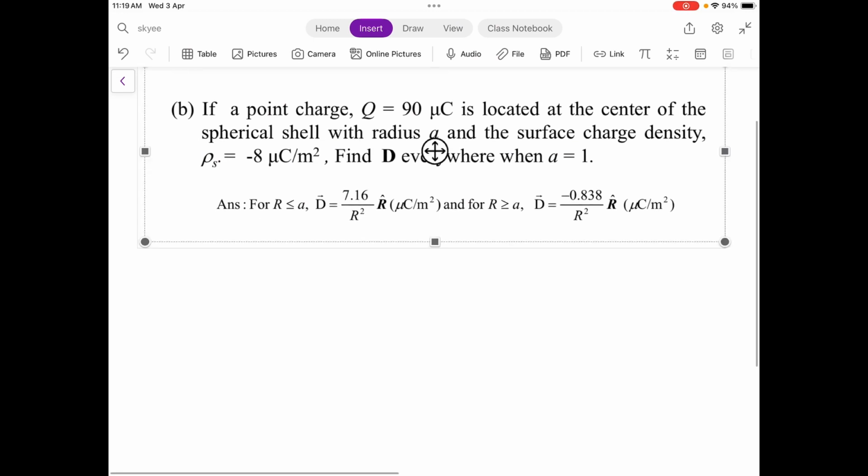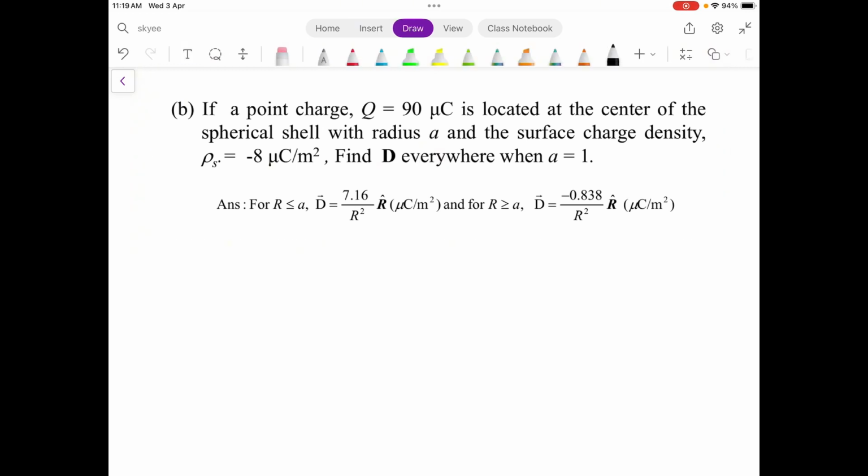If a point charge with a value of 90 microcoulombs is located at the center of a spherical shell with radius A, and the surface charge density is negative 8 microcoulombs per meter squared, find D everywhere when A is equal to 1. Let's look at this situation.